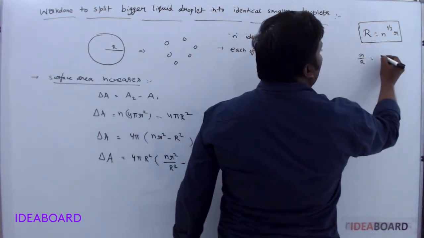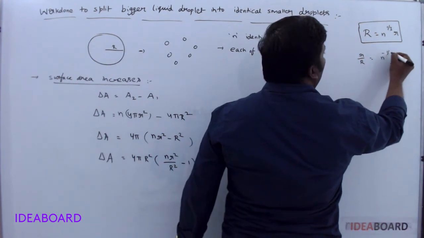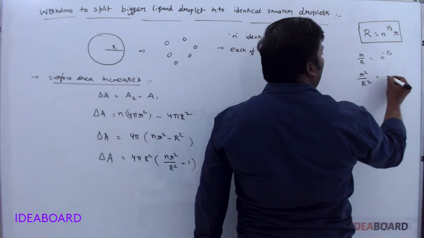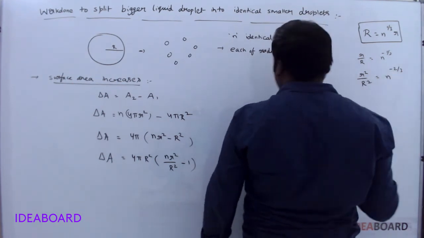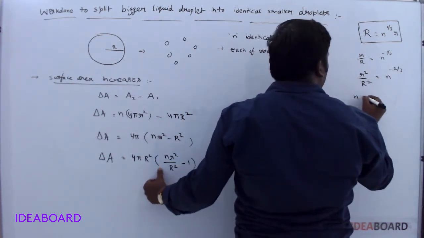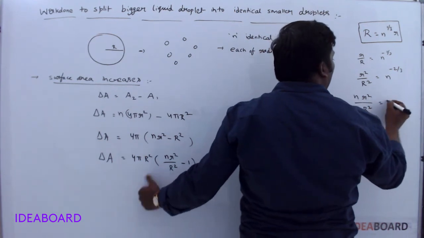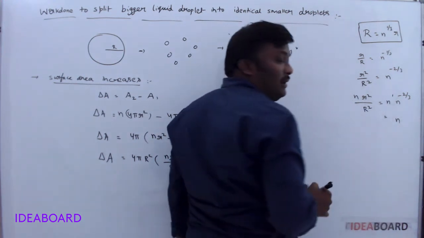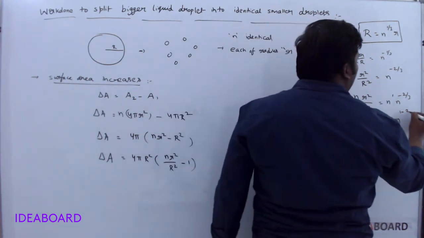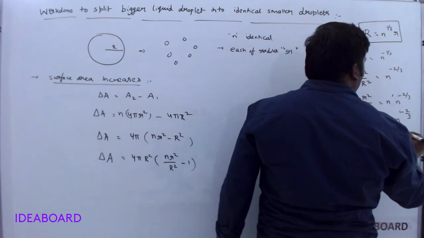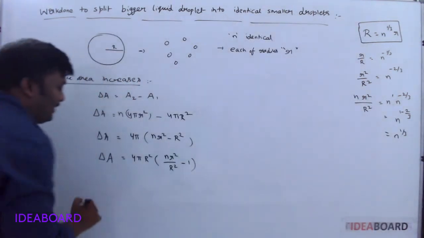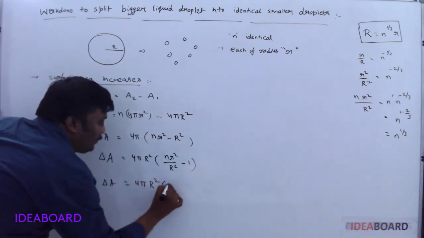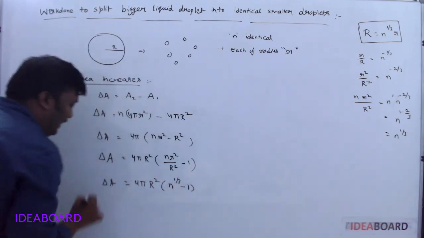Small r by capital R is equal to n power minus 1/3. So r square by capital R square is n power minus 2/3. Now we have n times n power minus 2/3. Bases are the same, so the powers are added: n power 1/3 comes. So what is the value of delta A in terms of capital R? 4 pi R square into (n power 1/3 minus 1).